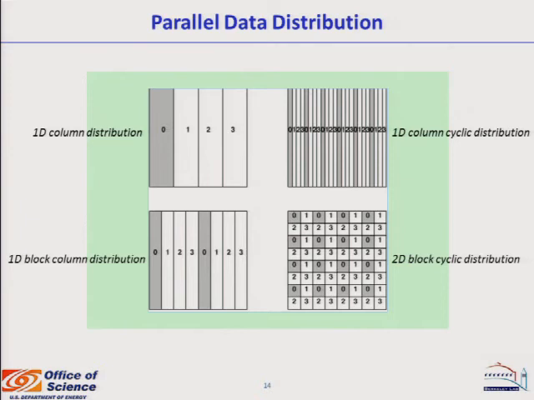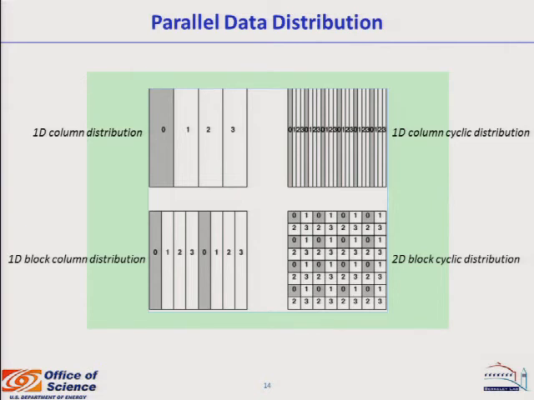What are the parallel distributions that are possible with ScaLAPACK? You can, for example, take a matrix. Let's not think in terms of the scale of this picture. Suppose you have only 4 columns in a matrix, like this. You can distribute your data, assuming you have 4 cores, like this.